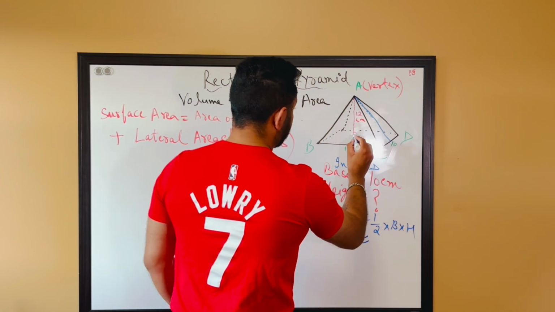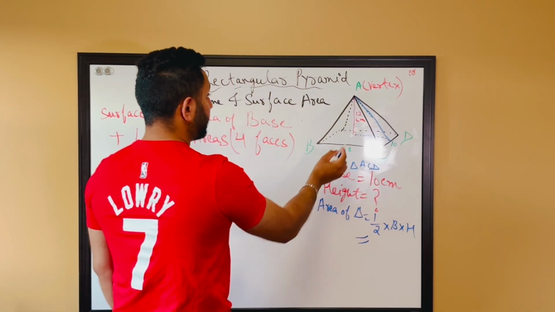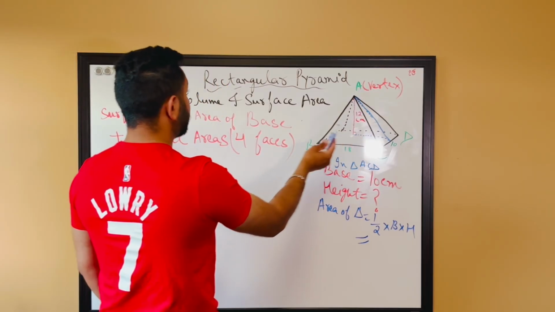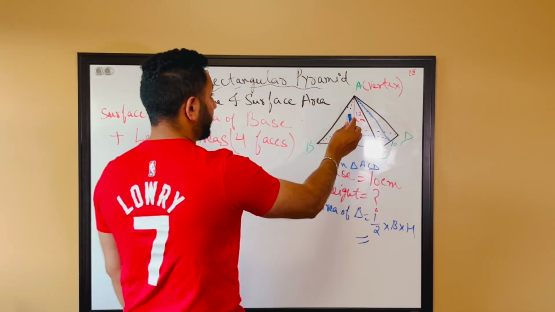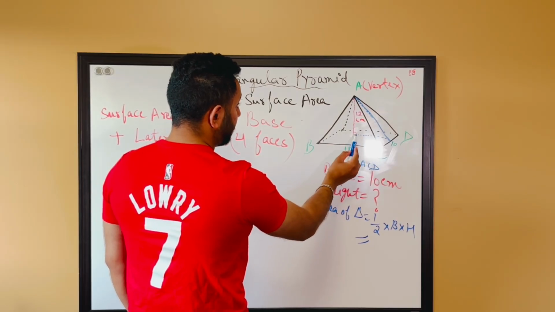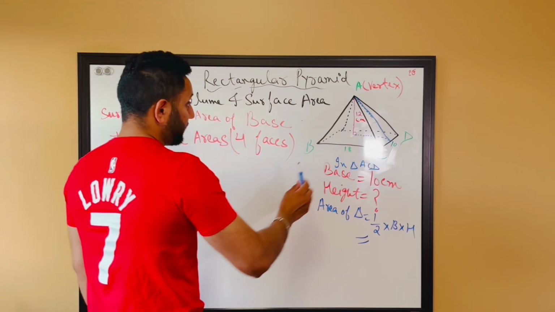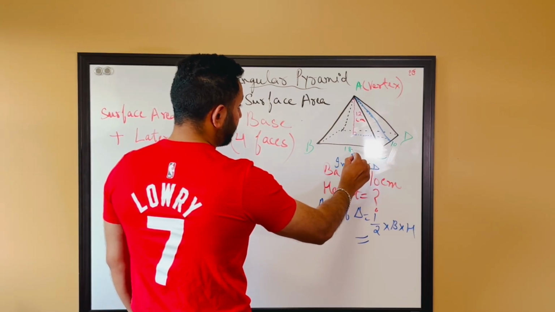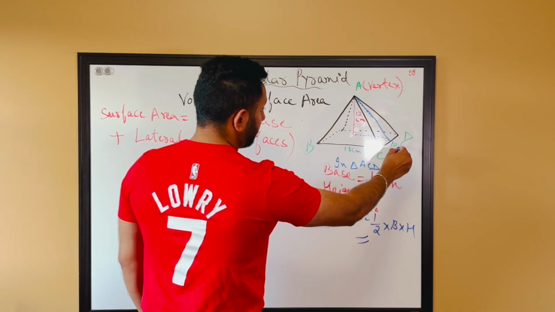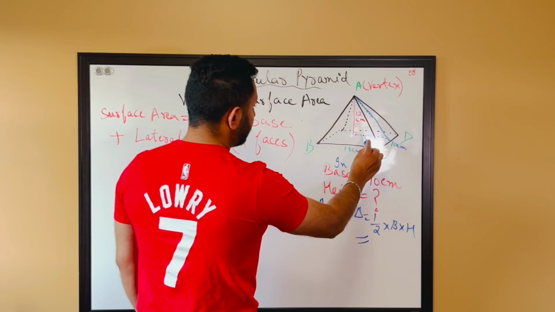So we're gonna take the help of perpendicular height, which is also the height of the rectangular pyramid, like this 12 centimeter. So we can connect this perpendicular height with the slant height. So if this is 18 centimeter, the half of 18 is 9, and this is gonna be 9.